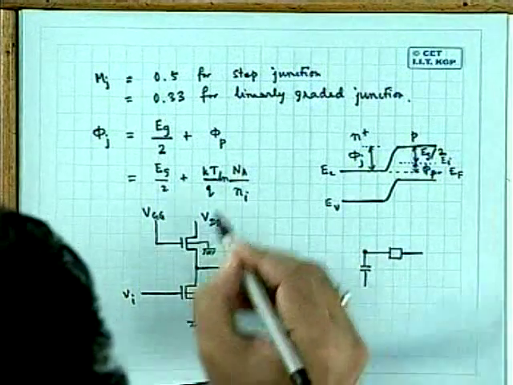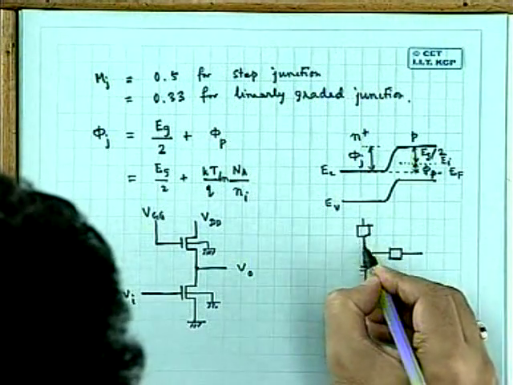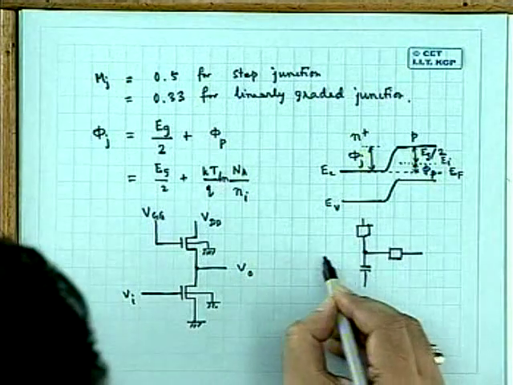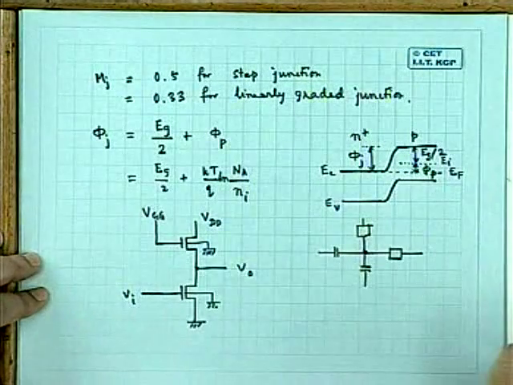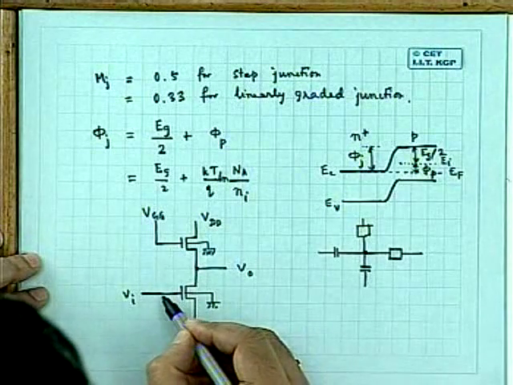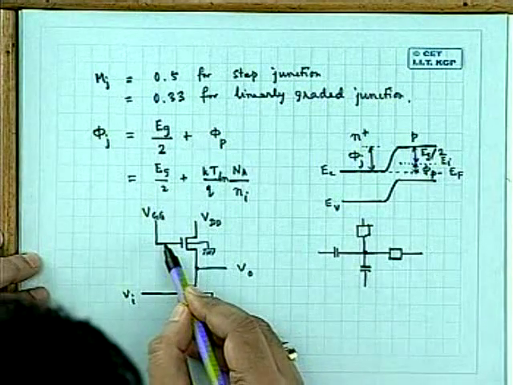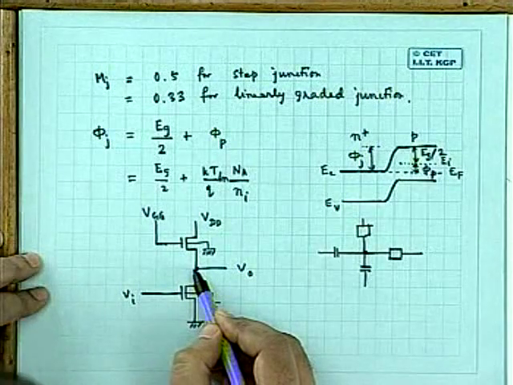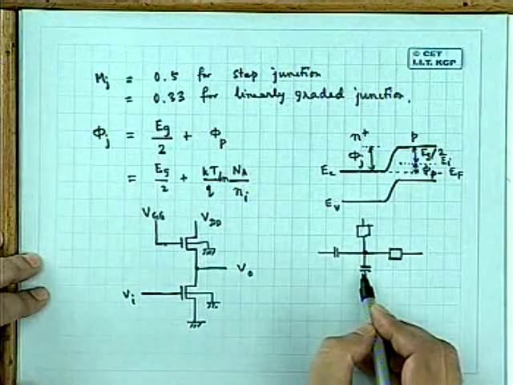Similarly, if I go up from this point, there is another device which is the source of the next device, the load, and a number of other capacitors may be going to different points. So for example, here we have a capacitance CGD, and here I have a capacitance CGS. This is CGD for the driver, and this is CGS for the load. So all these capacitances are there.